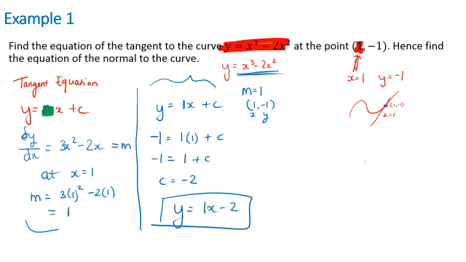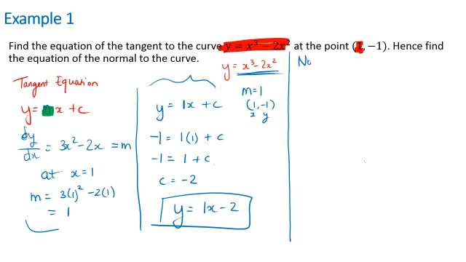Now similarly, you're going to do exactly the same for the normal. It's the same concept. To find out the normal, first you've got to find out the gradient. Now you know that the rule was m1 times m2 has to equal negative 1.